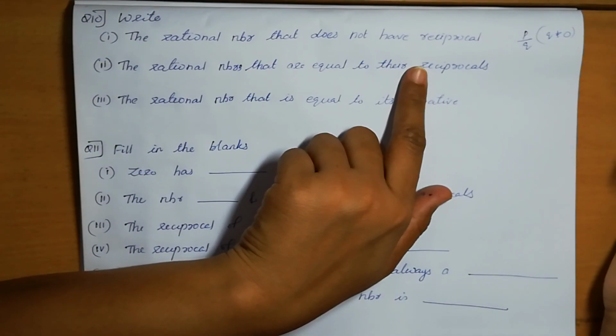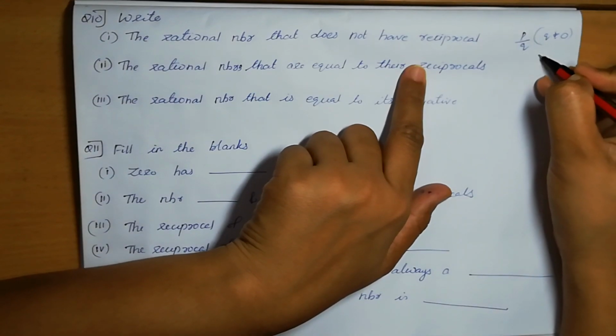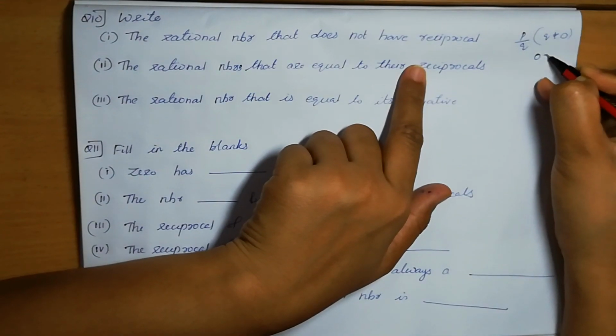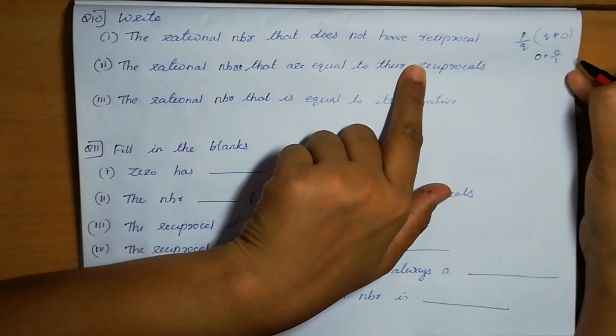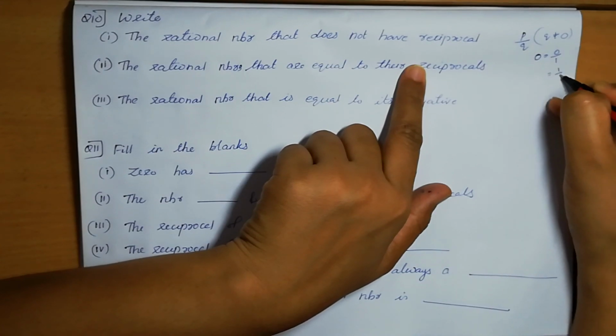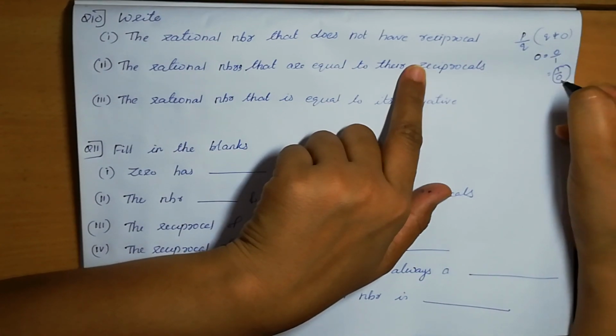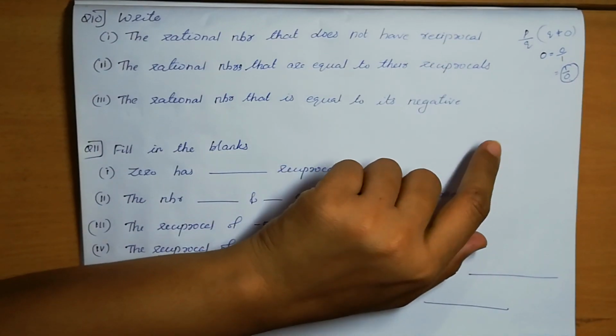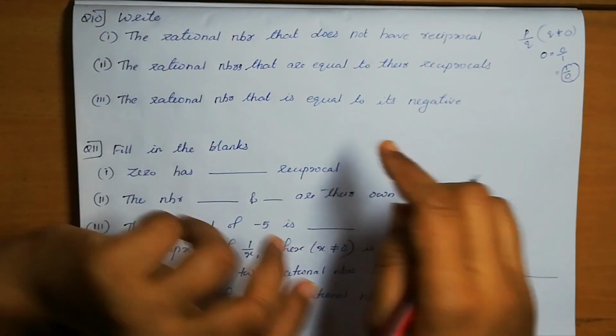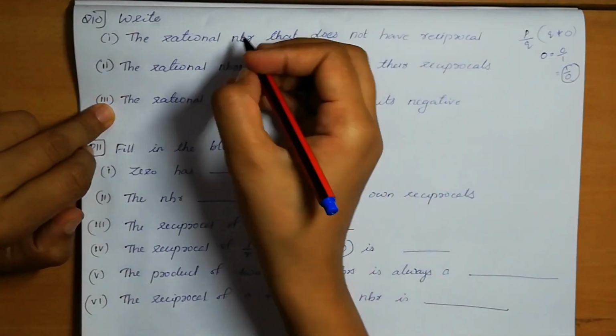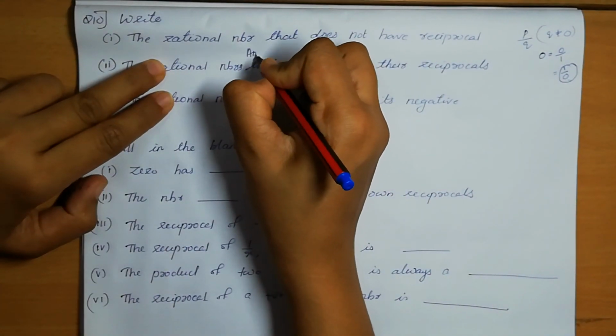So which number will it be? We can take it as 0. 0 we can write as 0 by 1. The reciprocal of 0 by 1 is 1 by 0. 1 by 0 means q equal to 0, which is not defined. So the rational number that does not have a reciprocal is 0.